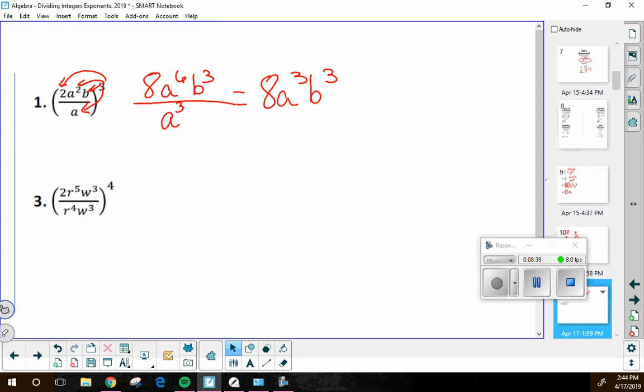Okay, then you get a 4 and you get a 4, and then we do that, and we do that. So that leaves us with 2 to the 4th. Am I right? What's 2 to the 4th? 16, yes. And then r to the 20th, and then w to the 12. Perfect. Now we work on the bottom.